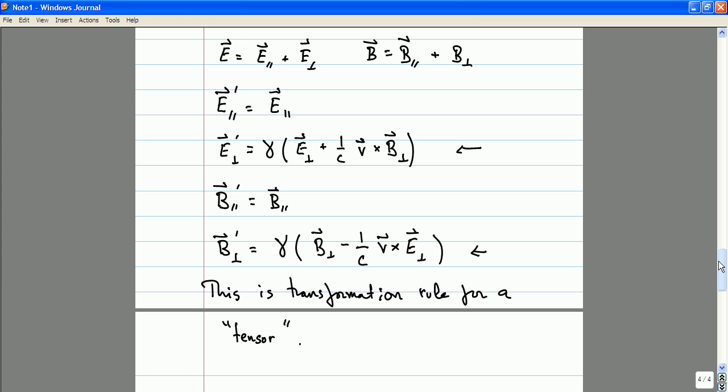But when you do so, you'll discover that there is a formulation of electromagnetism which treats the electric and magnetic field on completely equal footing and makes completely transparent the fact that they are related in this very fundamental way. So what I'd now like to do is move on to the discussion of general relativity.